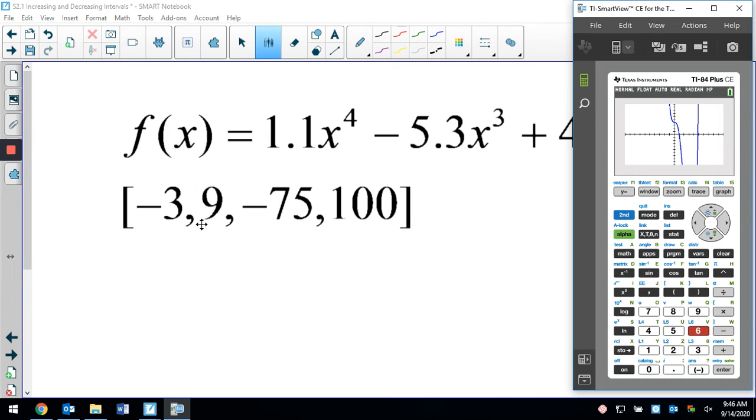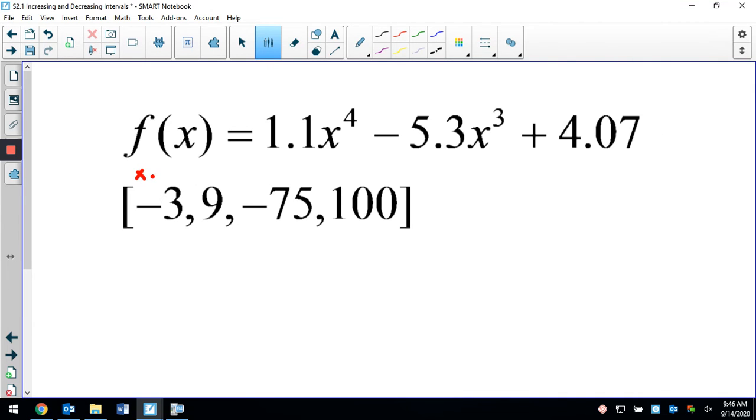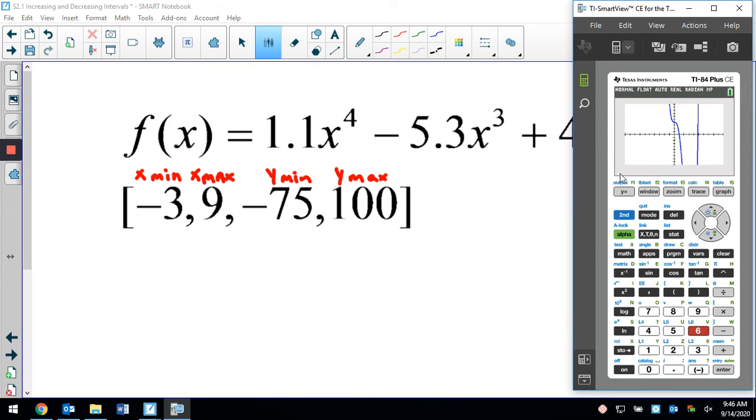But these numbers right here on the screen are for us to use as window settings. These are giving us the x minimum, the x maximum, the y minimum, and the y maximum. Sometimes they give it to us, and sometimes we just have to explore on our calculator.